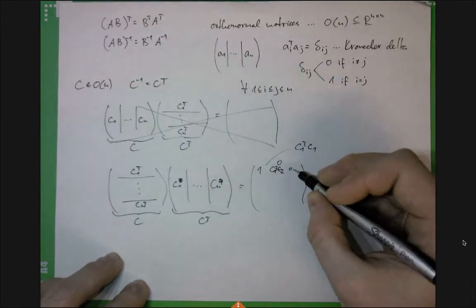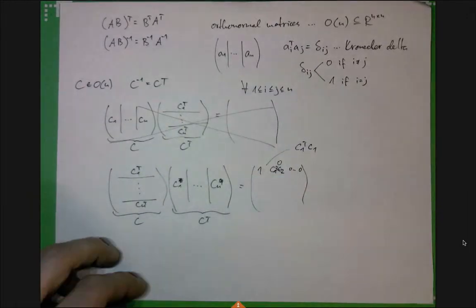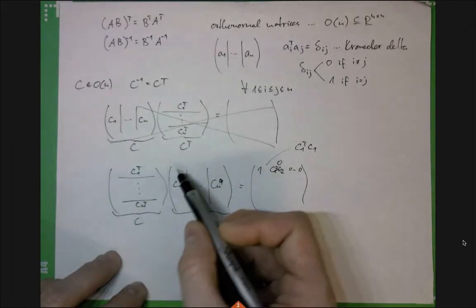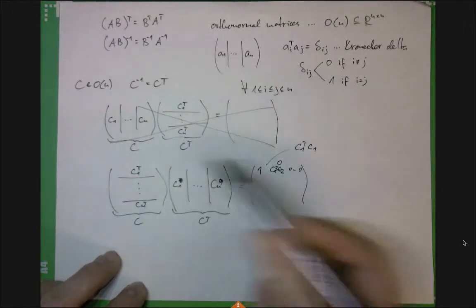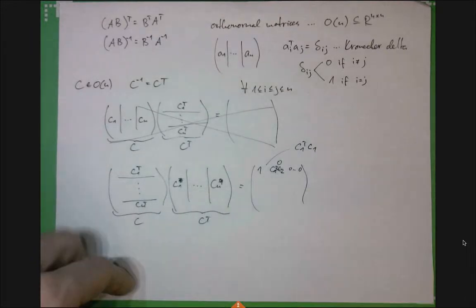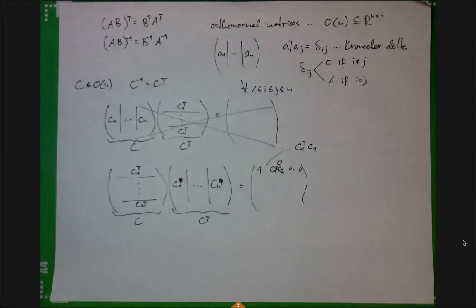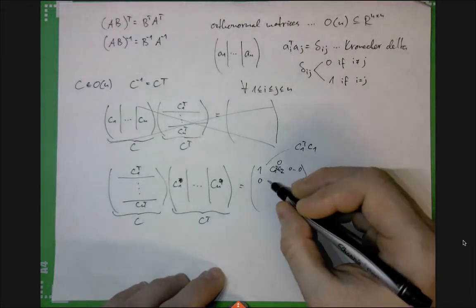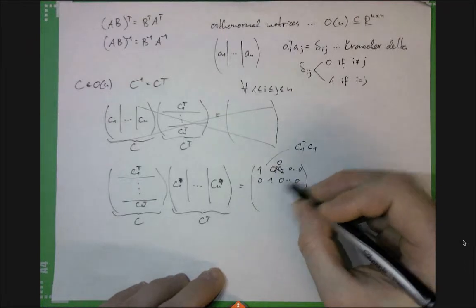So the rest are just zeros. Do you see that I'm doing the matrix multiplication, taking rows from the left matrix and columns from the right matrix? We have been through that. So what I get here is the identity matrix.